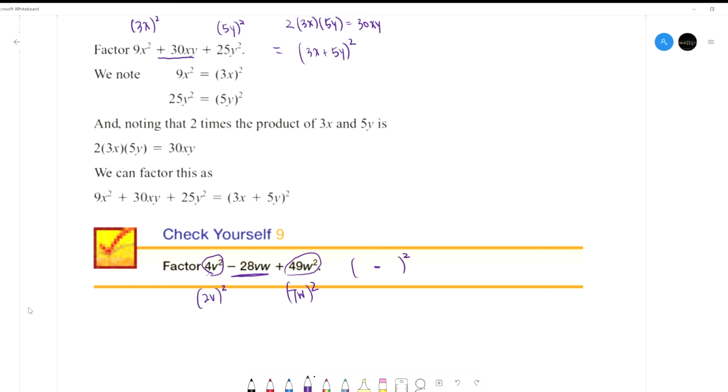So hopefully you got that. Then we do the test: 2 times the first times the second. 2 times 2 is 4, 4 times 7 is 28, and then we have vw. So this does come out to the middle term. So this is (2v minus 7w) squared. Okay, hopefully y'all got that one.